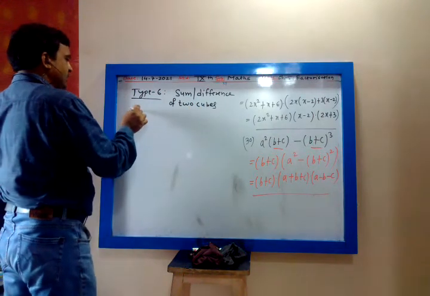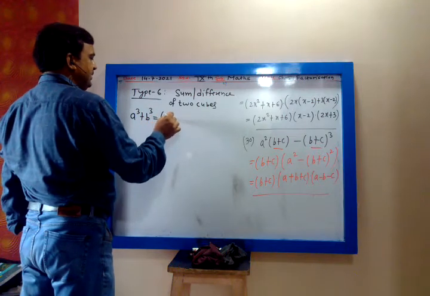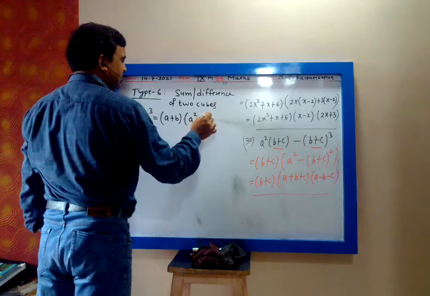That means it is of the form a cube plus b cube. A cube plus b cube will be a plus b into a square minus ab plus b square.